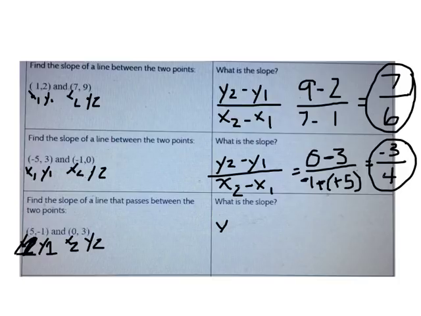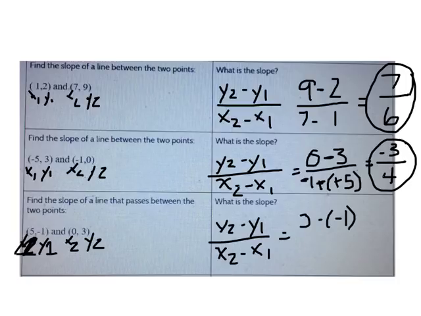Remember, I can find the slope by doing y2 minus y1 over x2 minus x1. So 3 minus -1 over 0 minus 5.